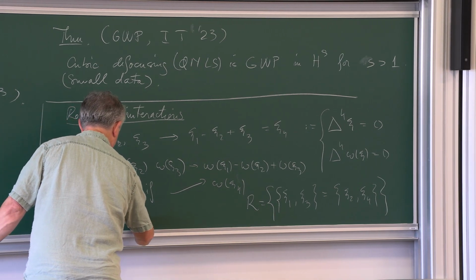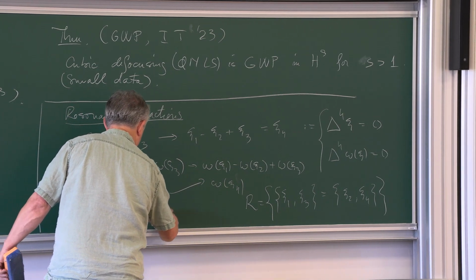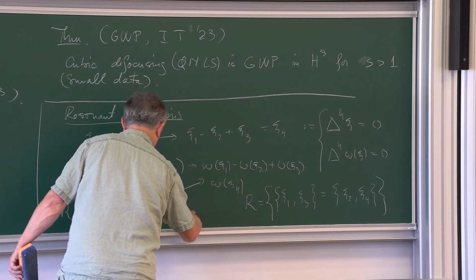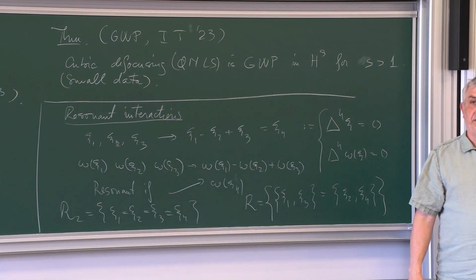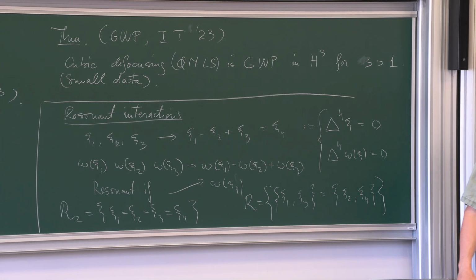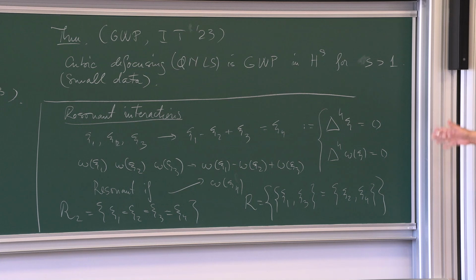Psi1 is equal to Psi2 is equal to Psi3 is equal to Psi4. We refer to this as the doubly resonant set. Okay, and this is our real enemy. We try to defeat this set. We don't like this set. We want to do away with it, and we'll see what happens. All right.